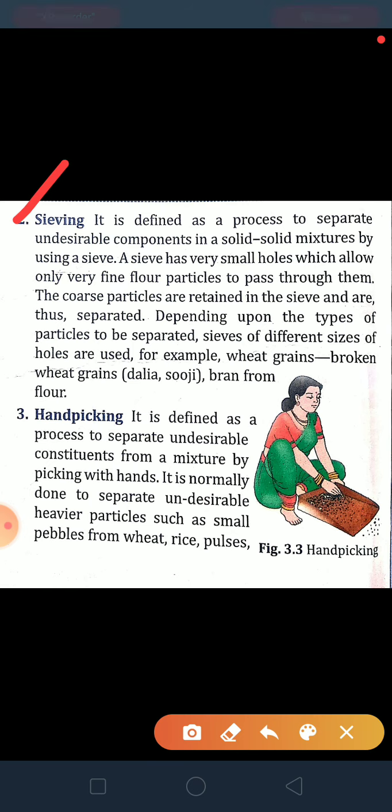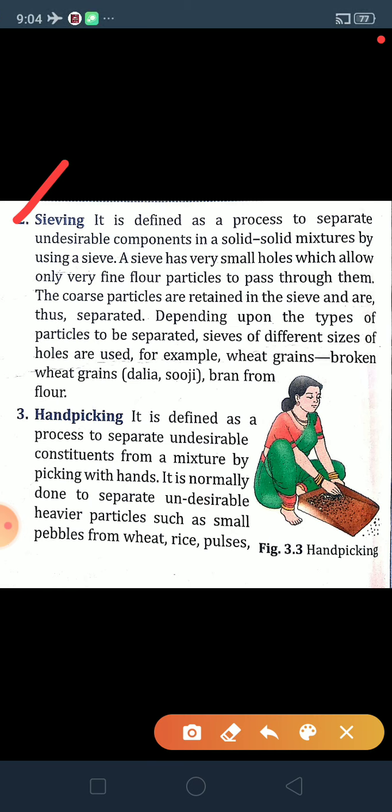In this process, by using a sieve, we can separate the undesirable components in solid mixtures. Only the difference is there. In winnowing, we separate by the help of wind. Here, by the help of a sieve, we separate the undesirable components.